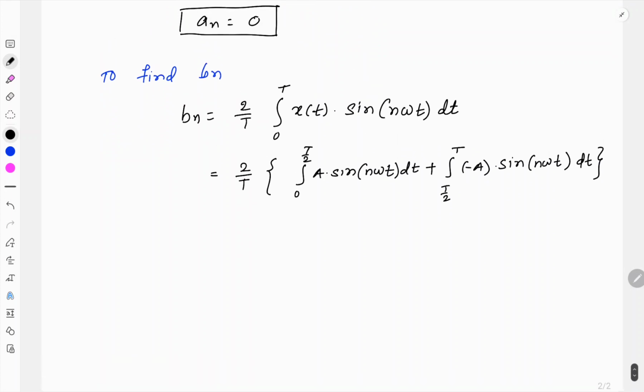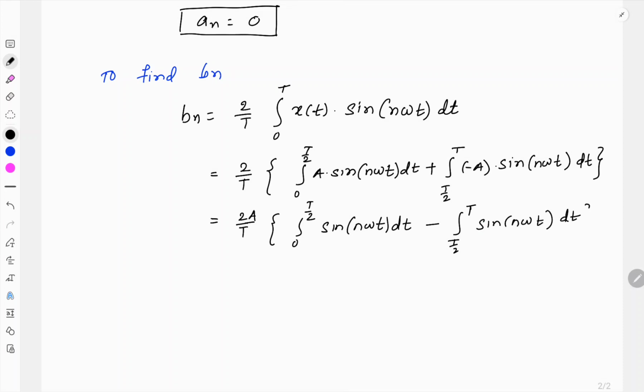So again simplify it the way we have done for the an coefficient. We have 2 by T, and from both the brackets we can take A common, so it becomes 2A by T. In this we have the integration from 0 to T by 2 of sin of n omega t dt, minus the integration from T by 2 to T of sin of n omega t dt.